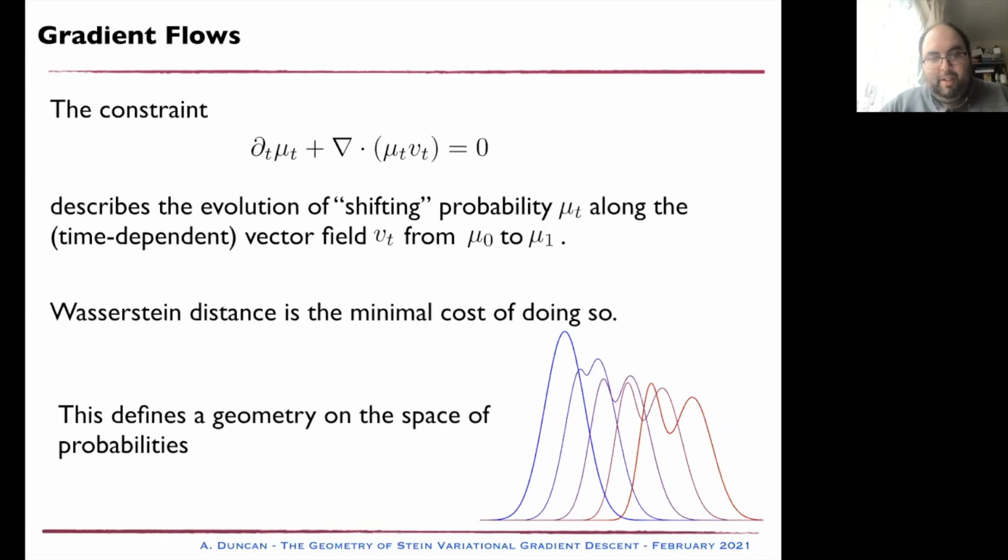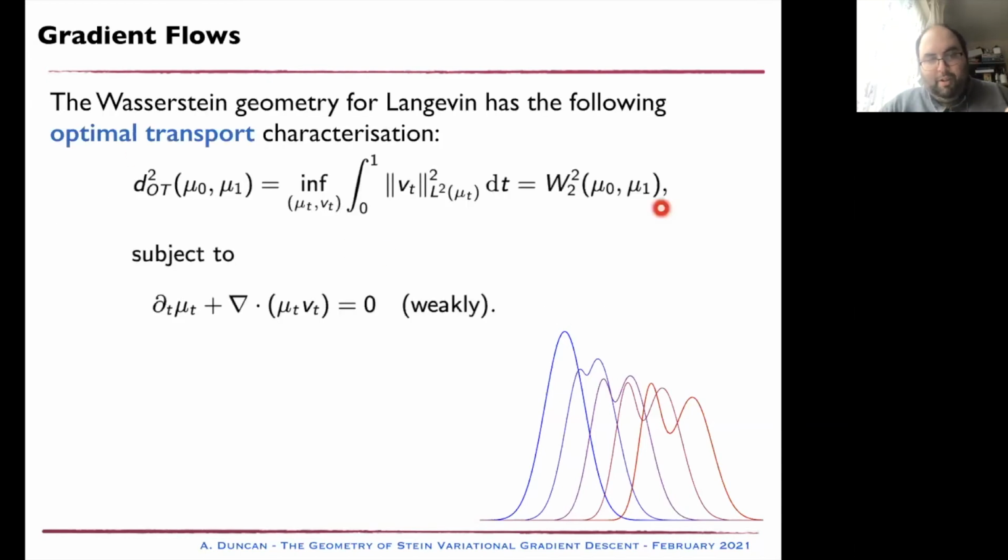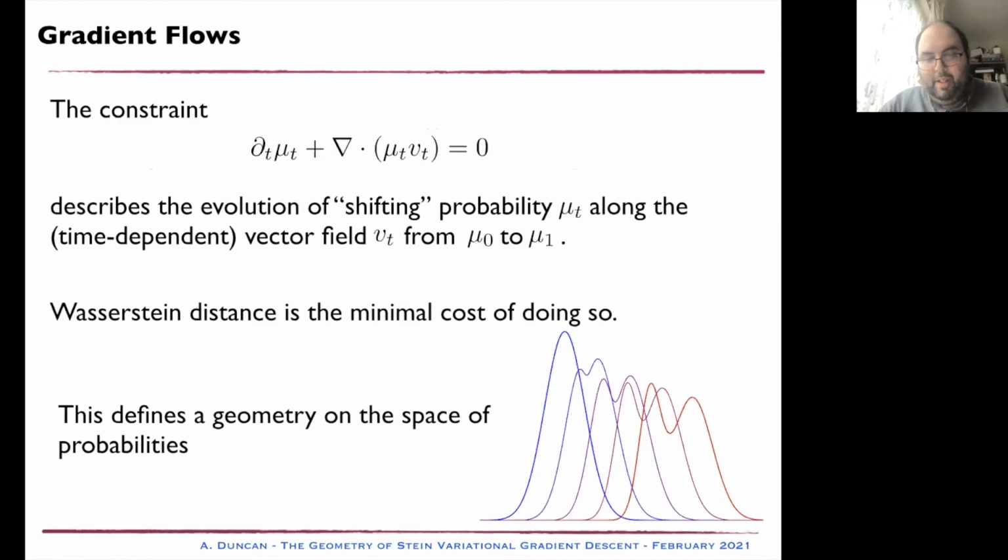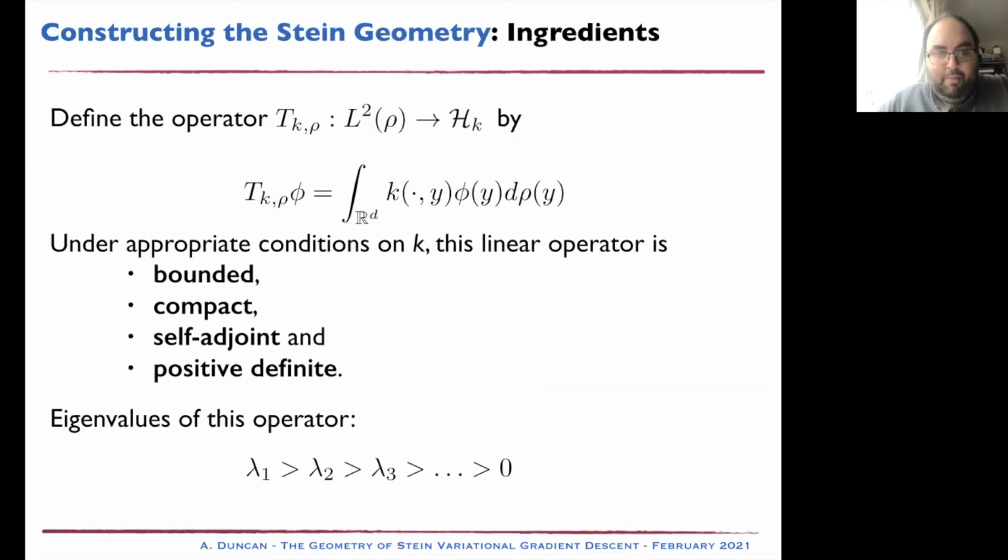Basically, this describes a search over all possible such vector fields which transport mass from mu0 to mu1, and the Wasserstein distance will be the minimal cost of doing so over all possible such vector fields. That defines a metric on an appropriate class of probability measures, and as with all metrics, it induces a geometry. So the question is, how do I construct my analog, which is relevant to the Stein case, which gives me my gradient flow in the Stein case? Before I do that, I need to define something: this operator T_k rho.